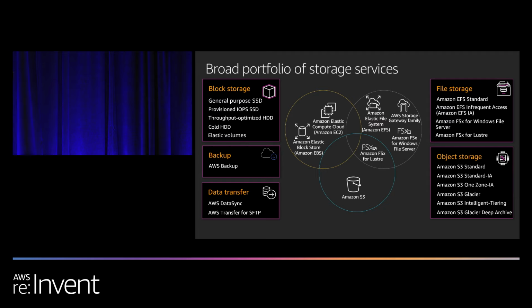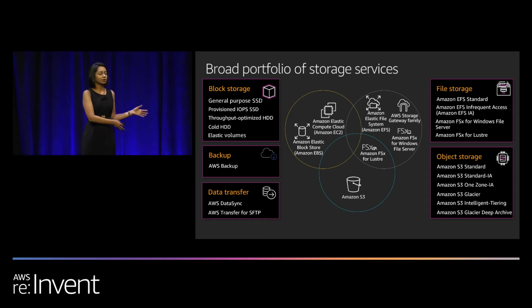AWS has helped customers for the last 13 years build on AWS. We've had customers like Netflix build ground up on AWS. We've had customers like General Electric, on the other hand, transition more than 9,000 applications from on-premises to the cloud.